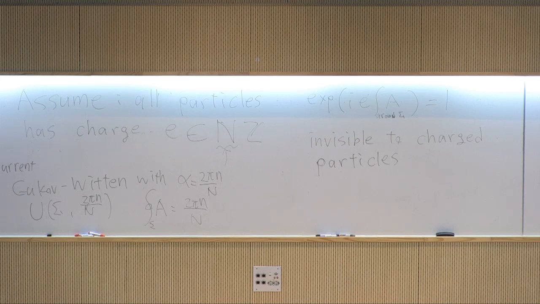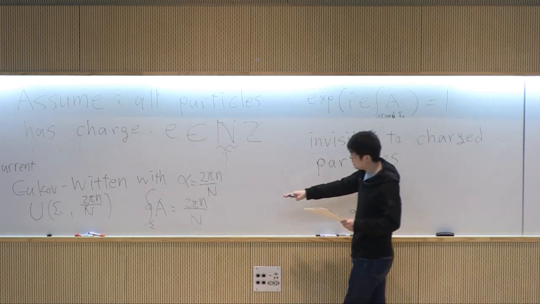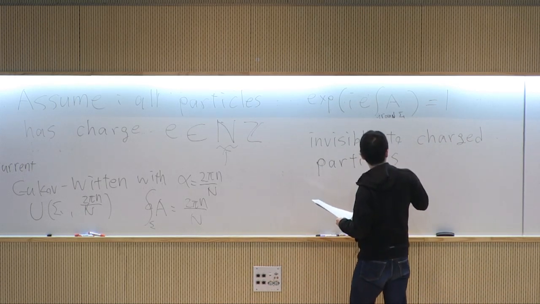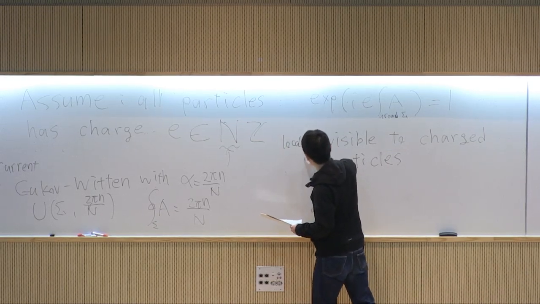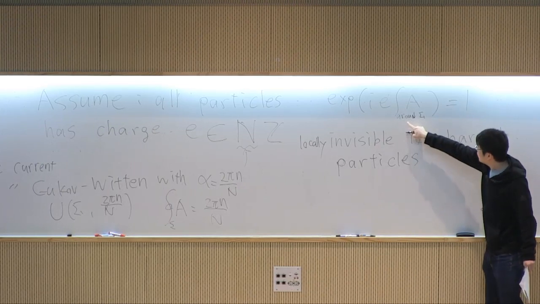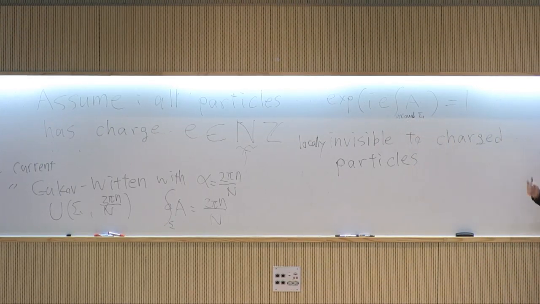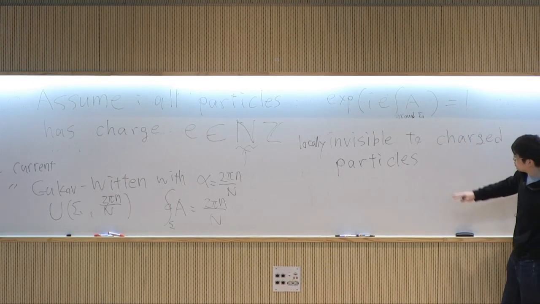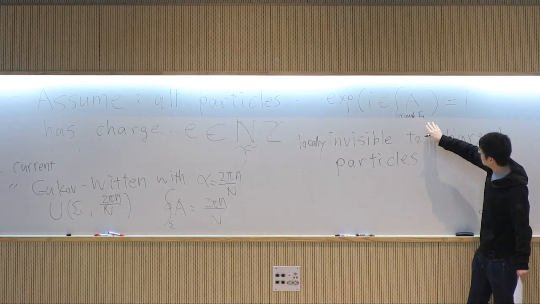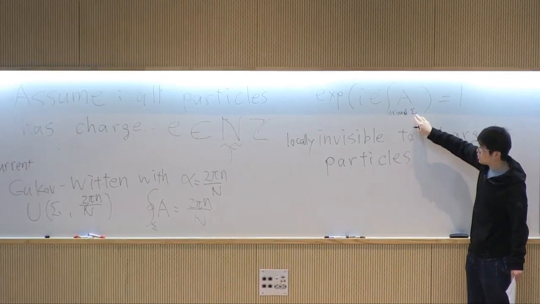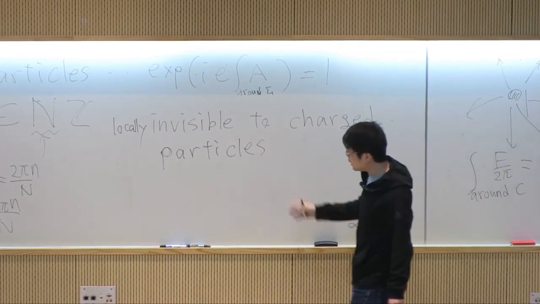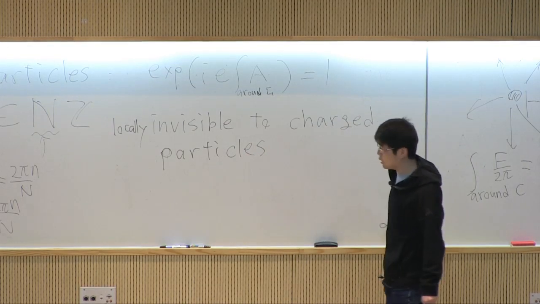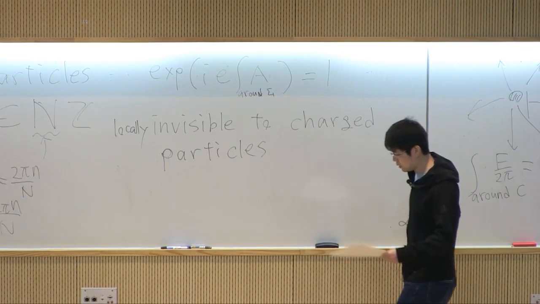So in this situation, this is locally invisible to charged particles, at least locally around this sigma. Then it is possible to deform this sigma, and there is a topological invariance. So this subgroup of the symmetry is still preserved in this case.